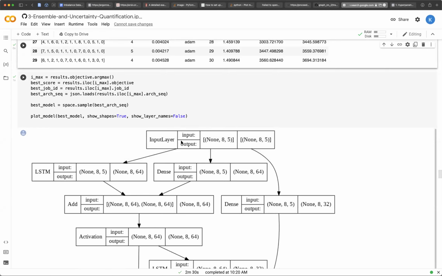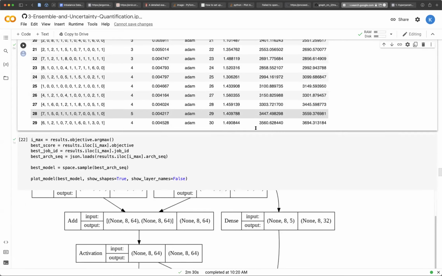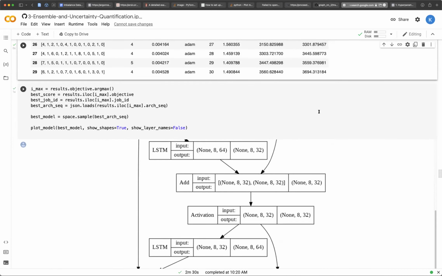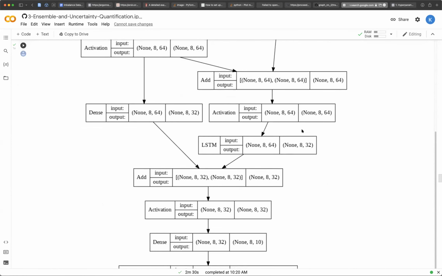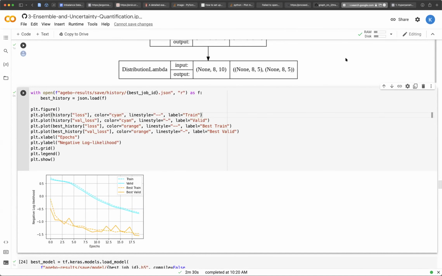If we visualize the best model that was provided by our NAS and HPS, we observe that this is a very complicated model. But the key thing here is that when this model is used to train, and we visualize the loss over the number of training epochs, we observe that this loss is much better than the blue one, which was the baseline model when it was trained using this.